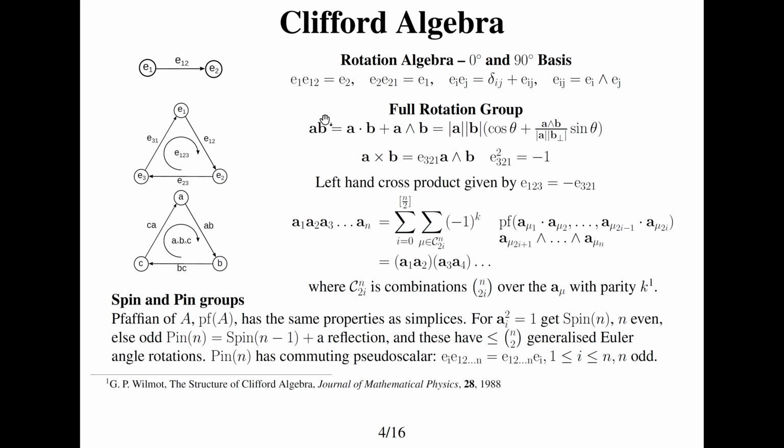Right, so the final step is to take these vectors and multiply lots of them together. And the way you do that is you put them into the Pfaffian. And the reason why you do that is because the Pfaffian has the same property, recurrence relation, as the simplices. Every time you add another vector, you have to connect it to every other vector.